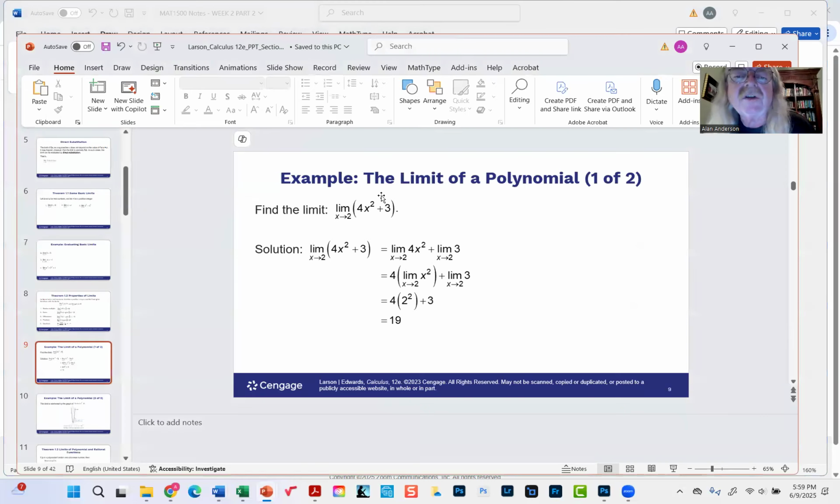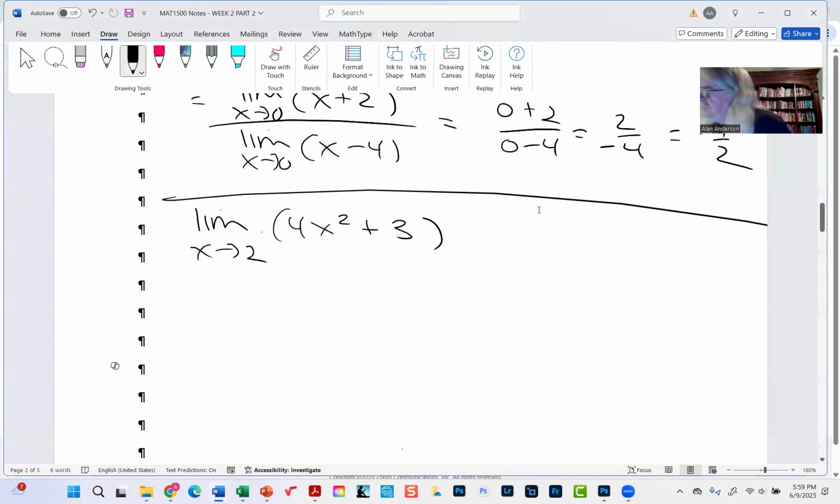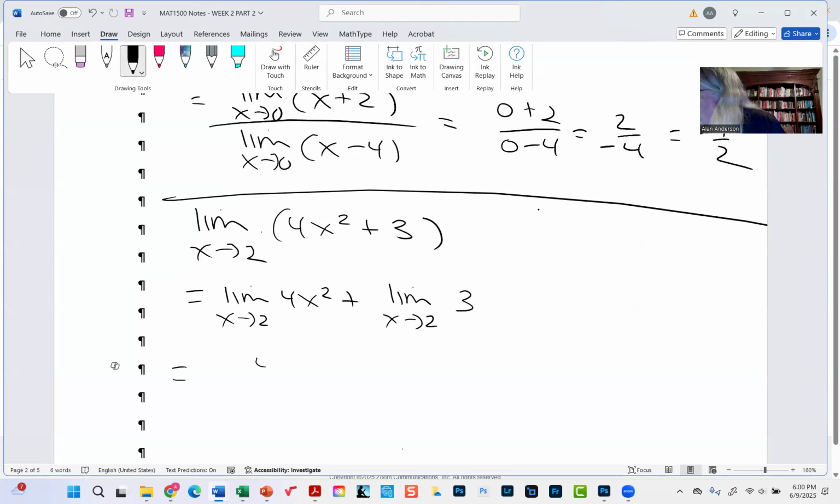And what they're doing here is they are in fact breaking it up into the sum of two separate limits. So with direct substitution, we'll have 4 times 2 squared plus 1. Over here, remember, this is the limit of a constant, so we don't have to do anything. It's just equal to 3.